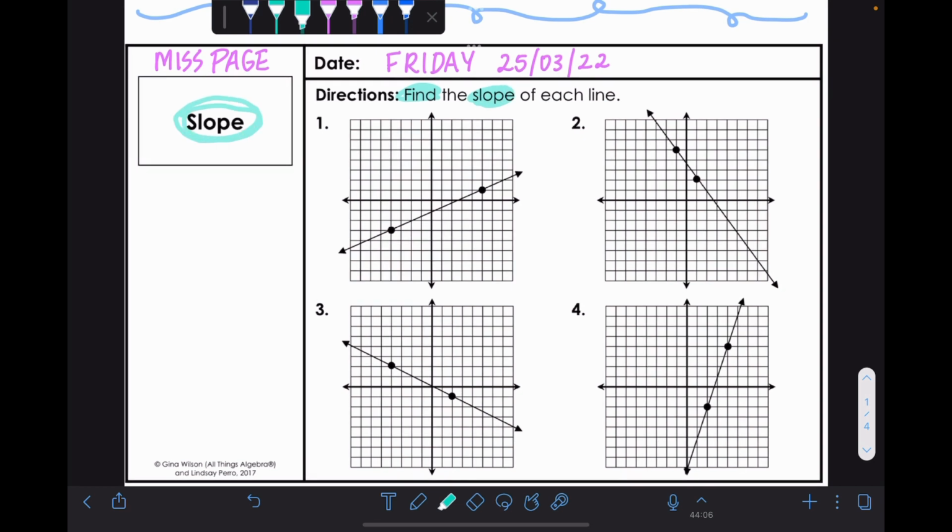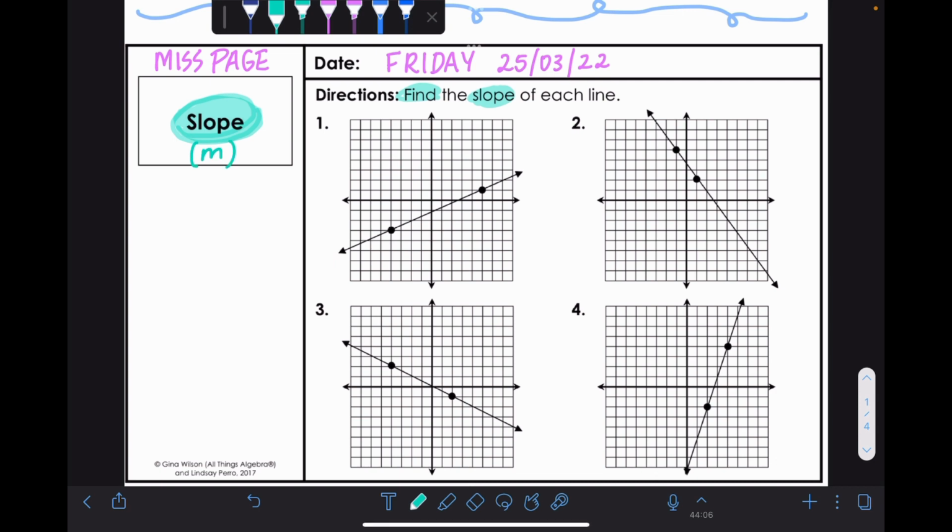Okay, so we've done a whole heap of practice about slope so far. We know our slope can be written and displayed symbolically as m. Slope, lowercase m. Is that clear that that's a lowercase m? There you go, lowercase m.